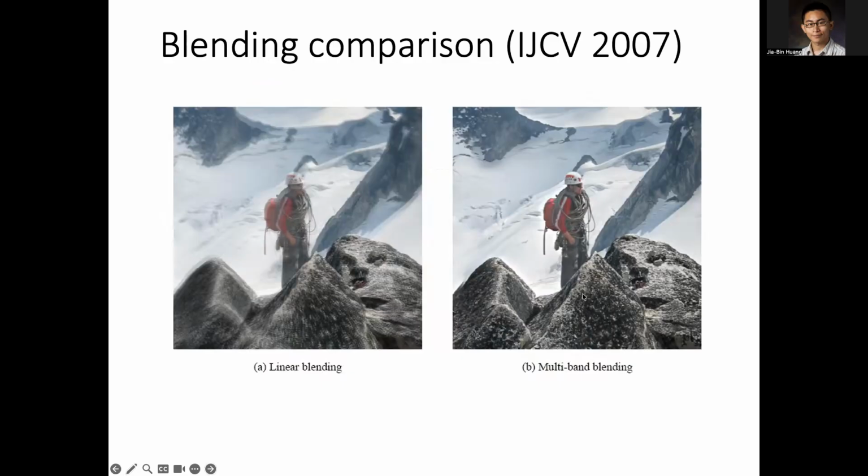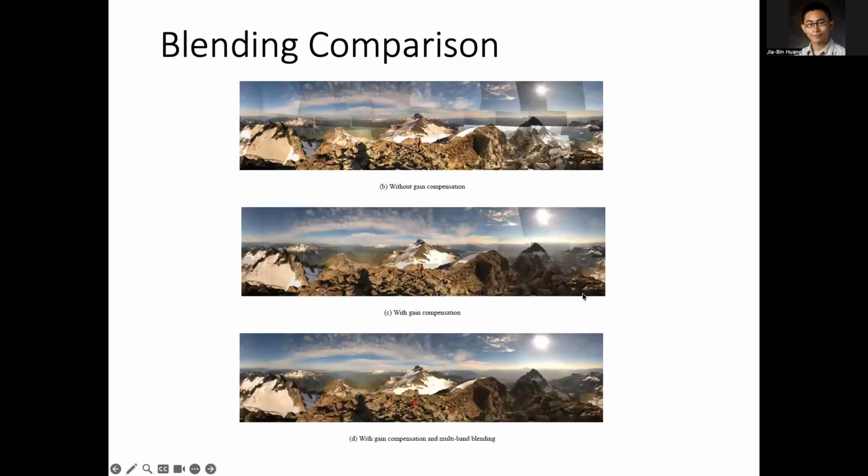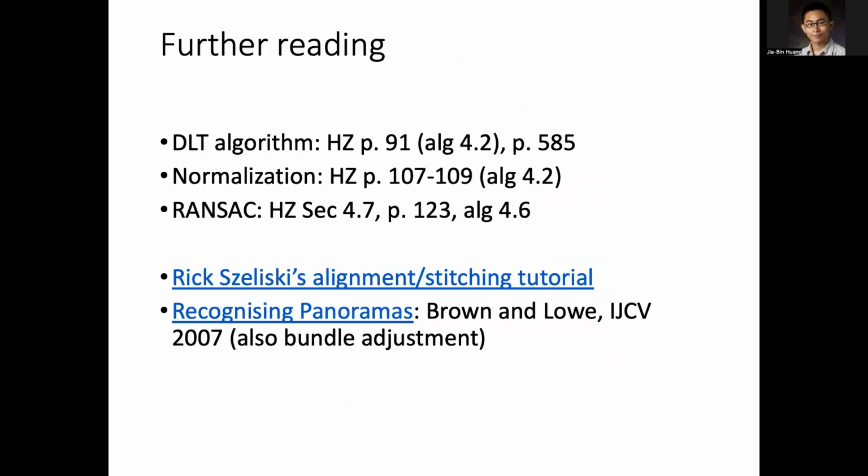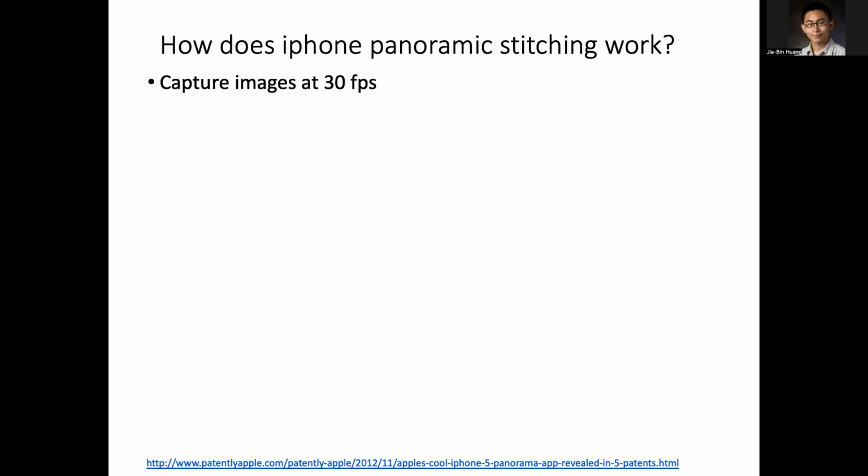All right. So all these are algorithms that basically take arbitrary images and stitch them together. But when you actually build applications, like on this iPhone, it's not arbitrary images.